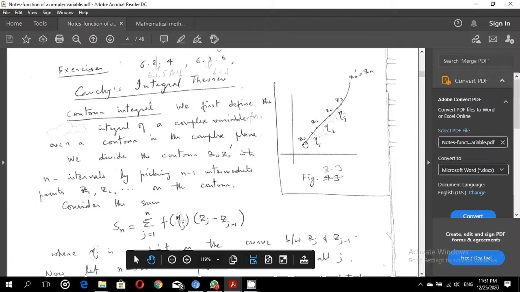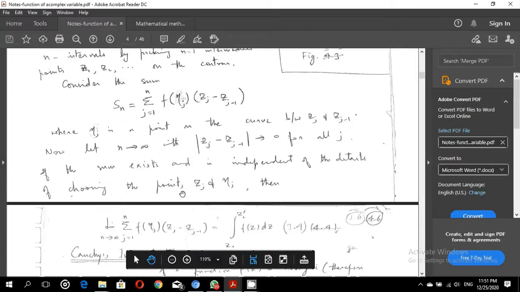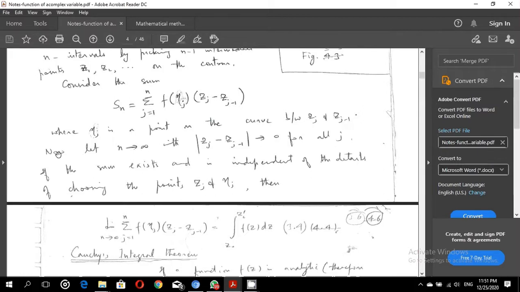That is, we are summing up this product over the entire contour. So here eta j is a point on the curve between zj and zj minus 1.